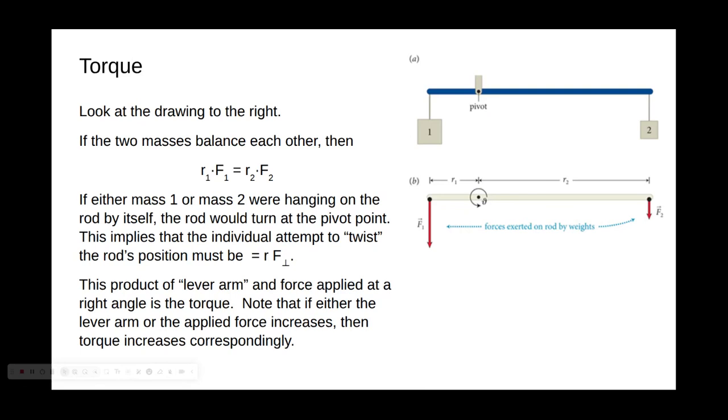So the product of lever arm and the force applied at a right angle is called torque. If either the lever arm or the applied force increases, the torque increases correspondingly. Or if one goes down, the other goes down. So lever arm and force are needed, but it also has to be perpendicular.